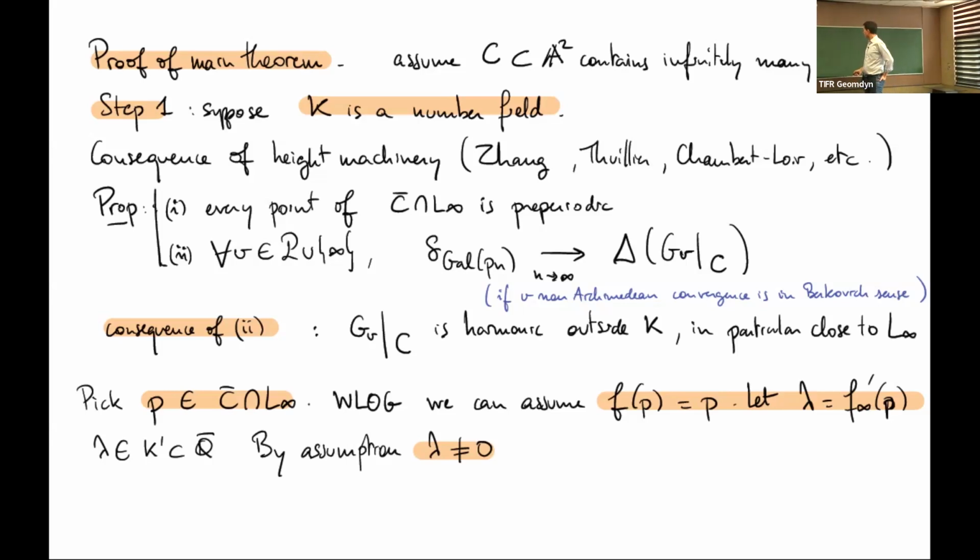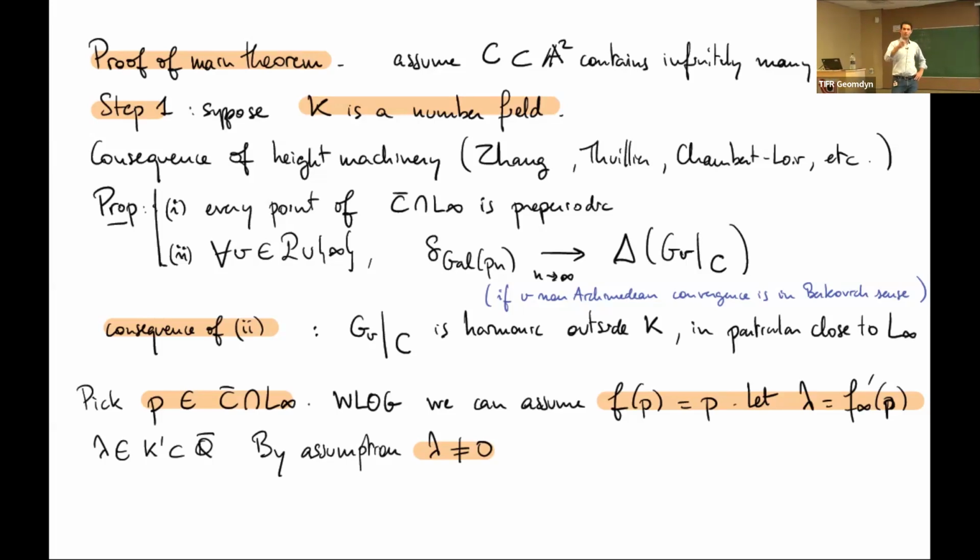Okay, so now you have this curve which goes through the line at infinity. Take a point at infinity, it is preperiodic, and then you iterate f, and you replace f by an iterate, and you can always assume that it's a fixed point. Let lambda denote the multiplier of this fixed point viewed as a periodic point on the line at infinity.